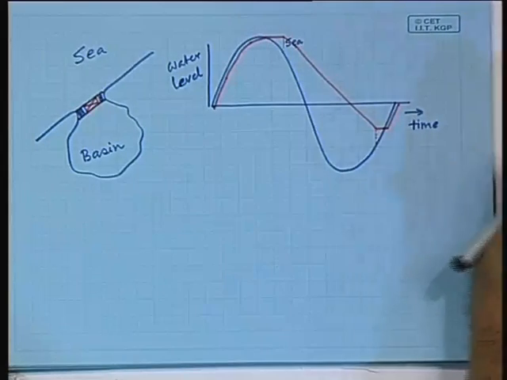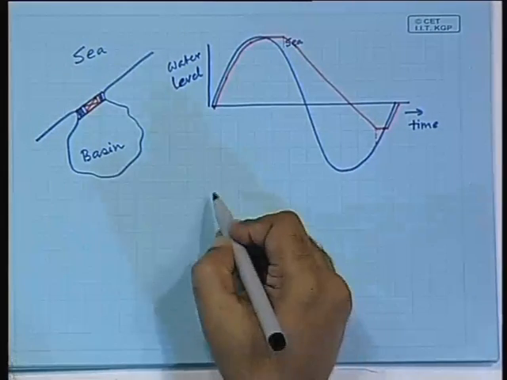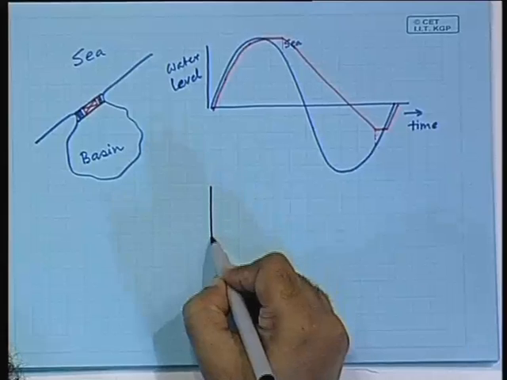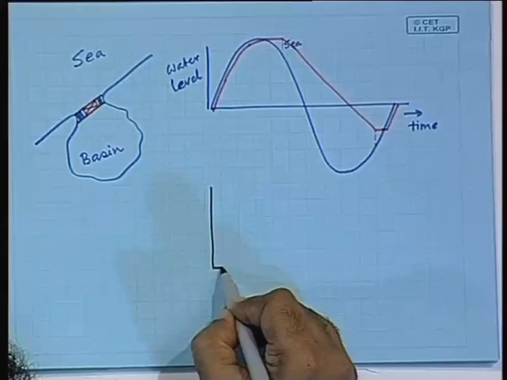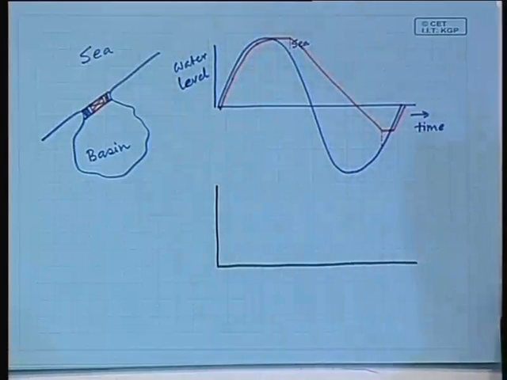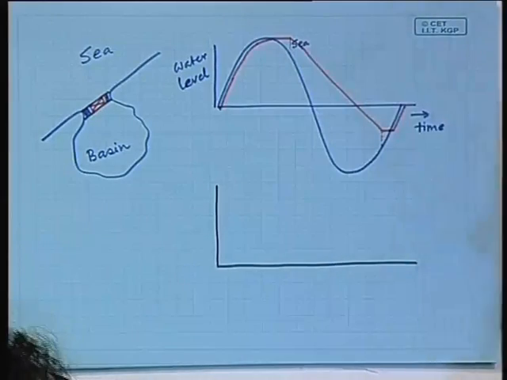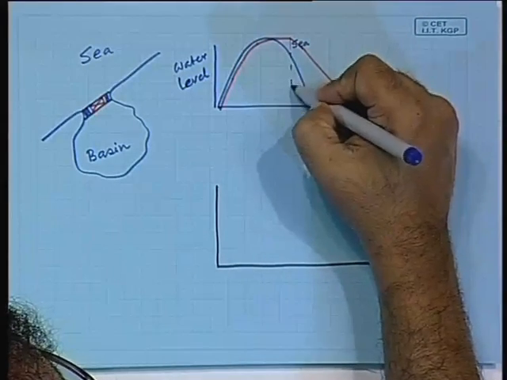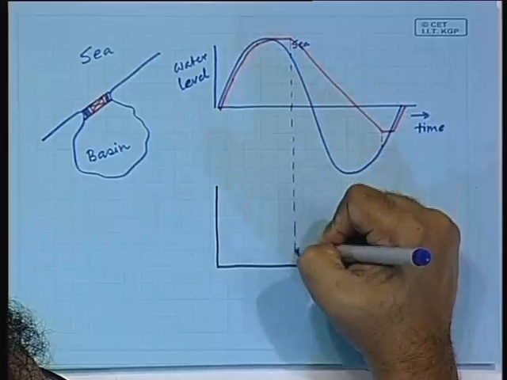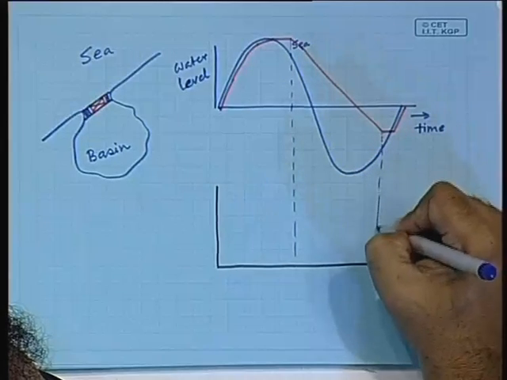If I now draw the power output characteristics, it will be something like this. Power output starts at this point and it goes up to this point.